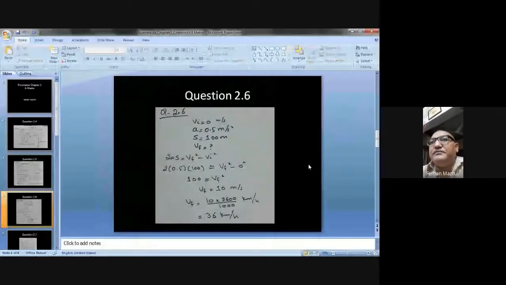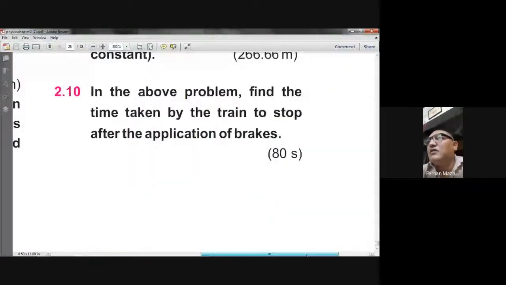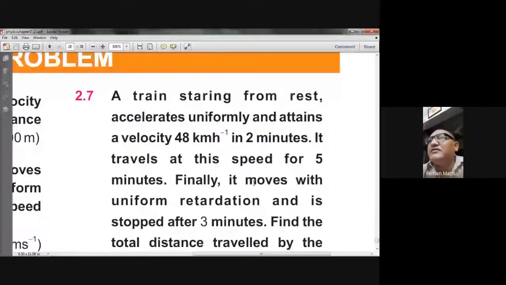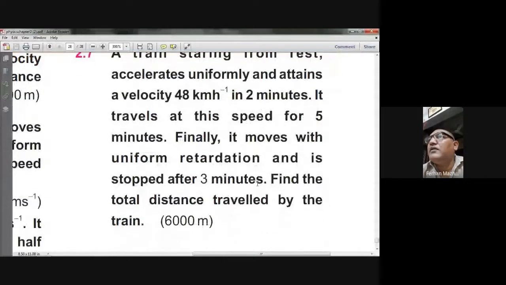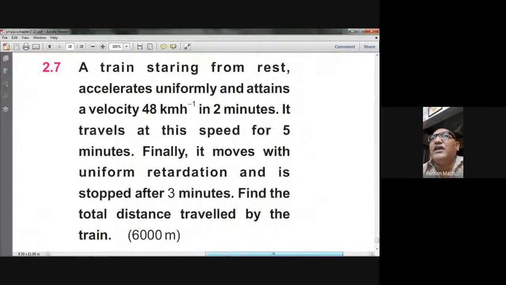The next one is 2.7. Question number 2.7 is showing up on your screen.